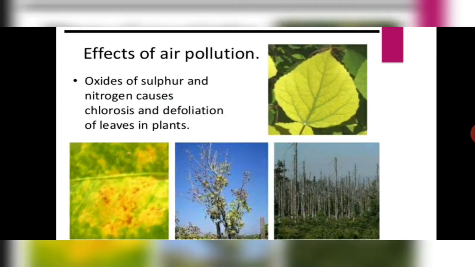Let us discuss the effects of air pollution now. Oxides of sulfur and nitrogen cause chlorosis, that is yellowing of the leaves, and defoliation. They destroy the leaves of the plant. They reduce the productivity and cause stunted growth.